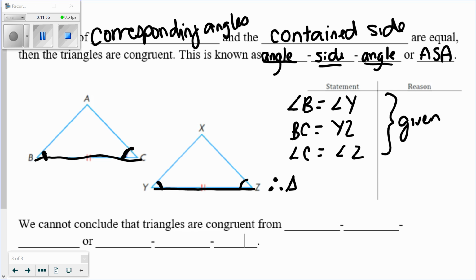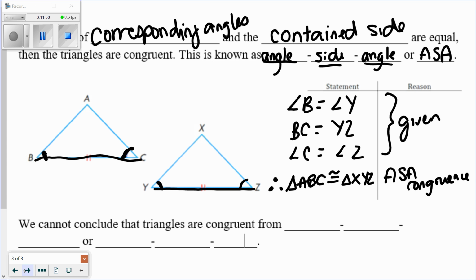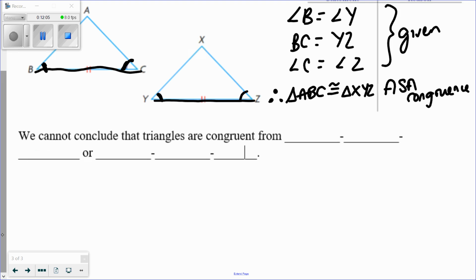So triangle ABC is congruent to triangle XYZ. And again, that's because of angle side angle congruence. I just wanted to check if I wrote congruent the same way on the last one. I did. So if we have an angle, the contained side, and the next angle, that's angle side angle congruence.